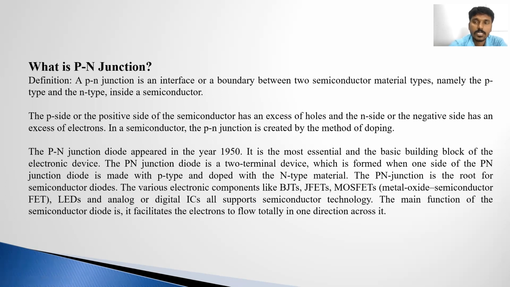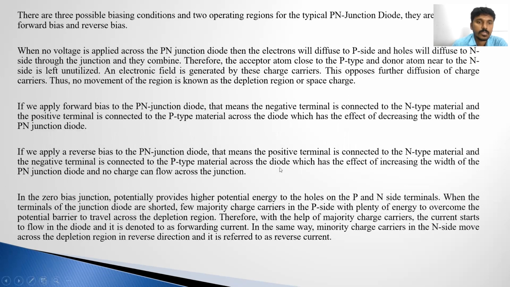So the PN junction is the root for all power semiconductor devices, not only diodes. What is the main function of the PN junction? It will provide the path for the flow of electrons. Clear? This is the main function of the PN junction.